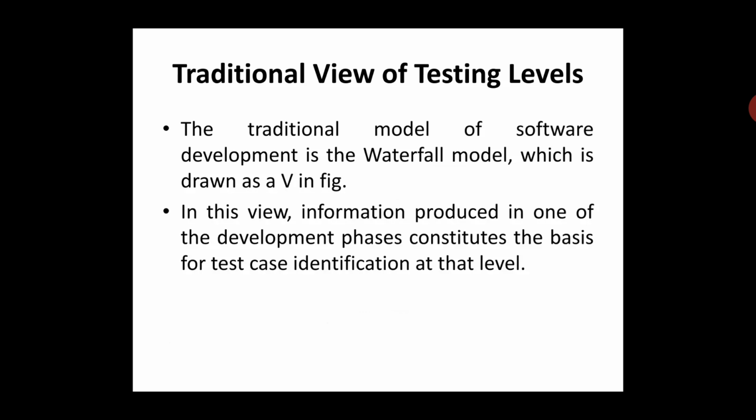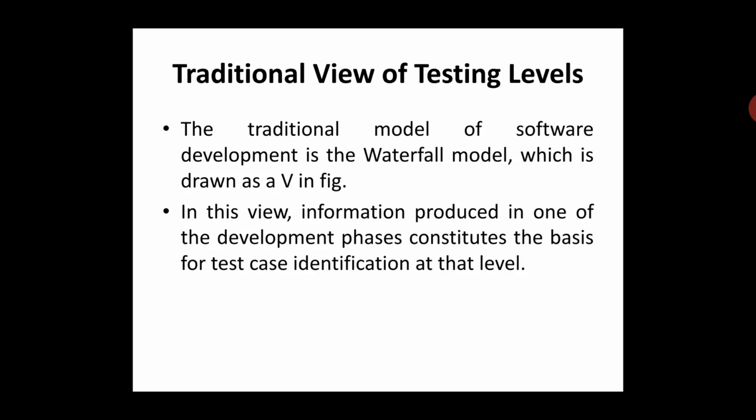The traditional model for software development is the waterfall model, which is bent into a V in the figure. In this view, the information produced in one development phase constitutes the basis for test case identification at that level, right? This point you need to remember.